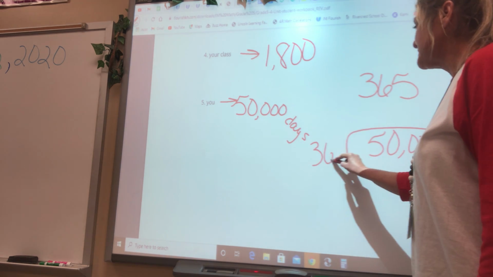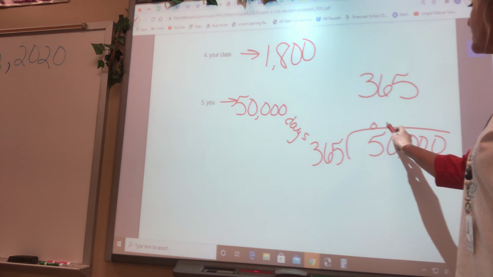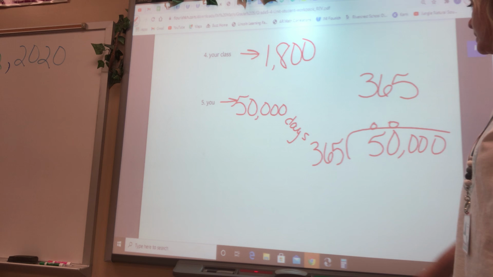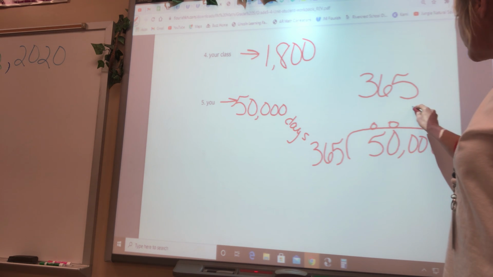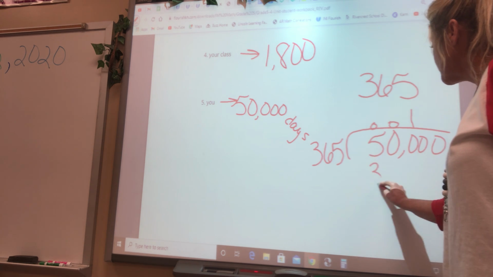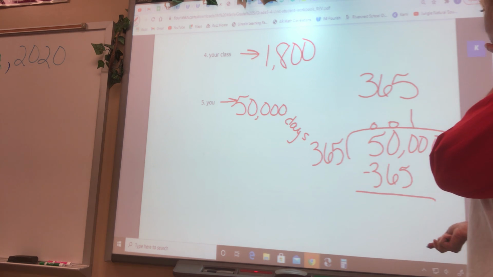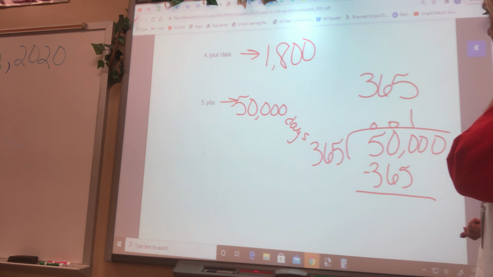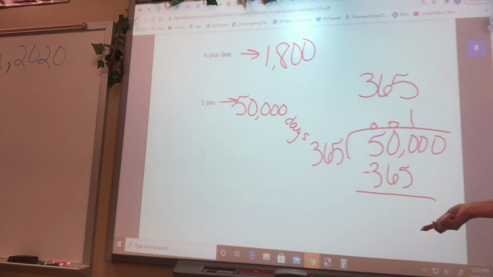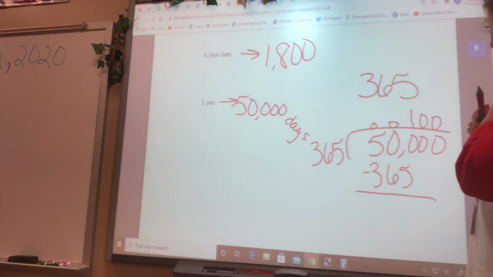And again, we're just estimating, so we know it won't go into 5. We know it won't go into 50. It will go into 500, and it will go 1 time, and then I would multiply and subtract. And all I would have left to bring down were some zeros. So if I'm just estimating, and I were to put some more numbers up here, they would be 0s, wouldn't they?